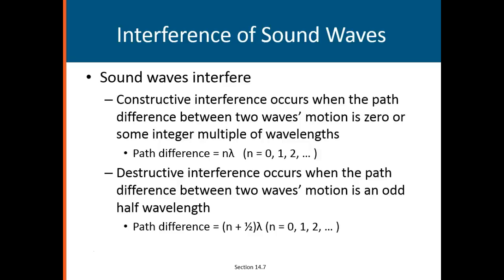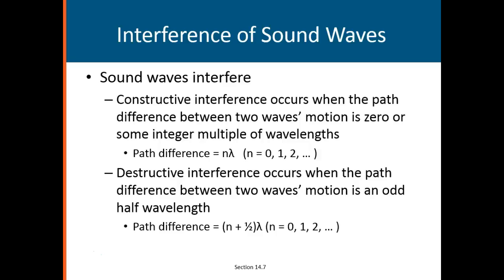Destructive interference occurs when the path difference between the two waves' motion is an odd half wavelength. In other words, the phase difference is 0, pi, 2 pi, 3 pi, 4 pi.